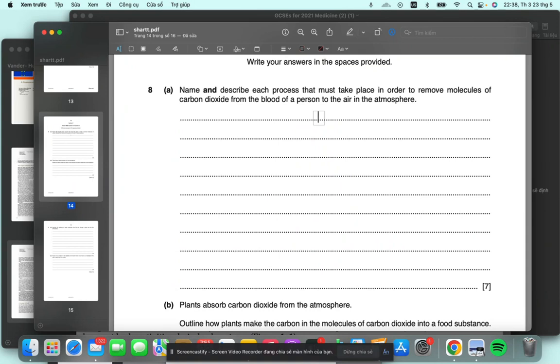Okay, it goes through CO2. Deoxygenated blood passes in the capillaries. That's one.